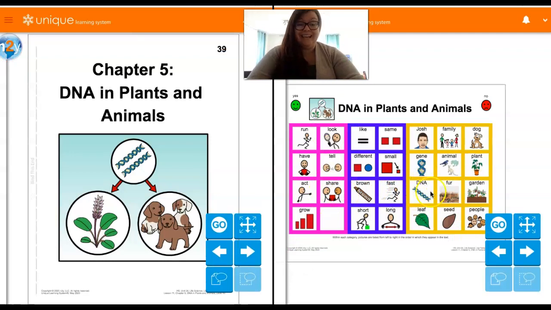I see the word DNA. I see the word gene. And I think that is all of our words from our vocabulary today. So let's get started. Chapter 5, DNA in Plants and Animals.